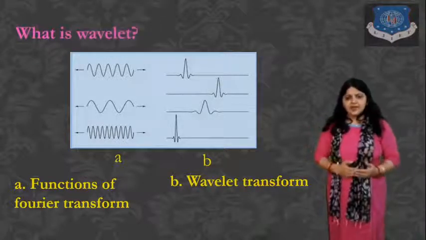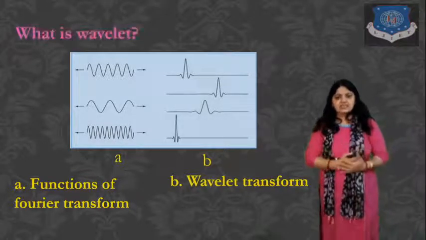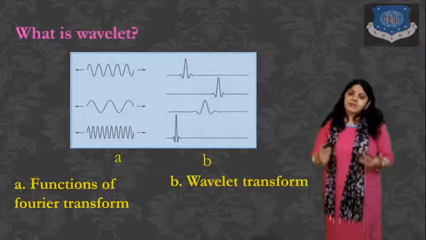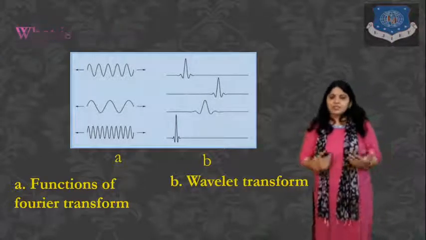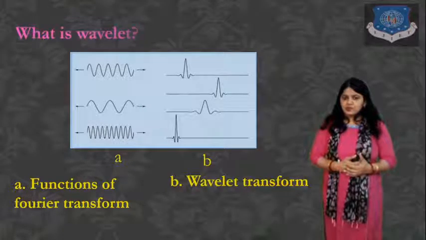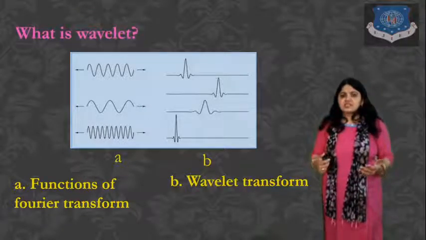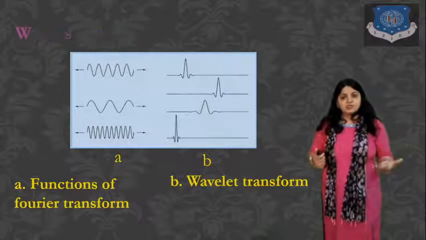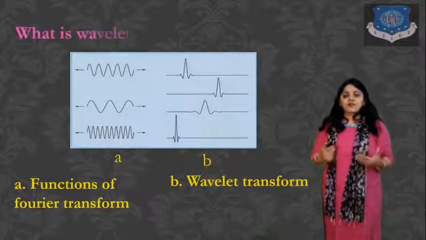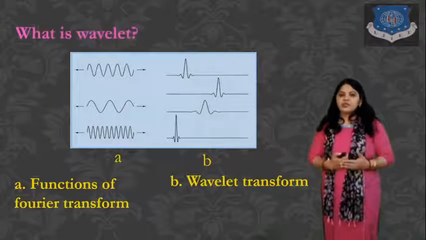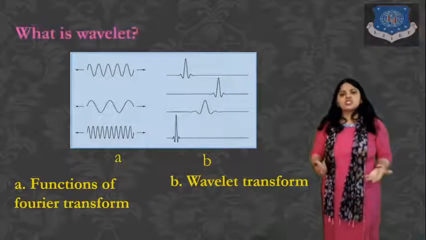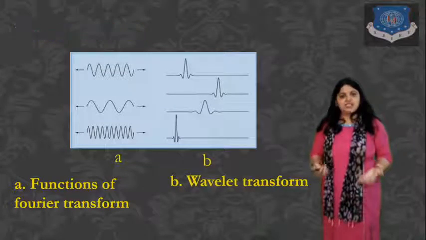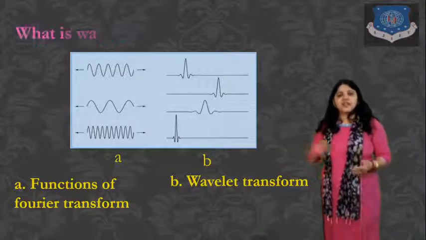Whenever any time series is there, we can convert it into the frequency domain by the use of the Fourier transform. This gives us the details about the frequency, but sometimes it may not give us the exact frequency component at which particular time it occurs. So that is why we need to take the help of the wavelet transform. This way the wavelet can be used.